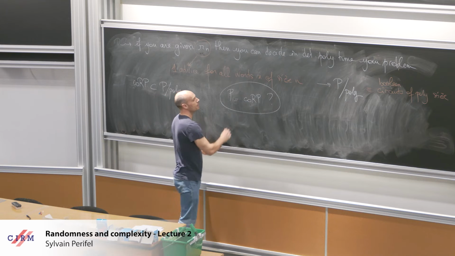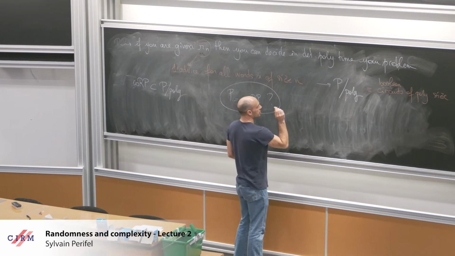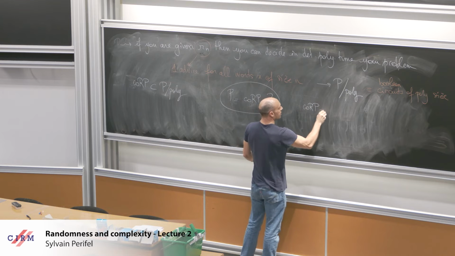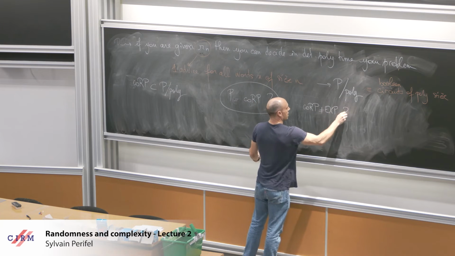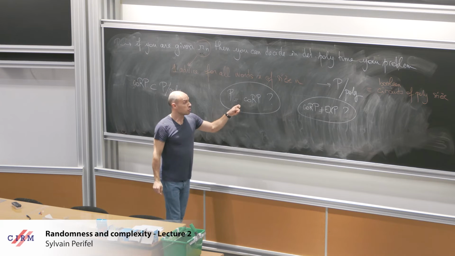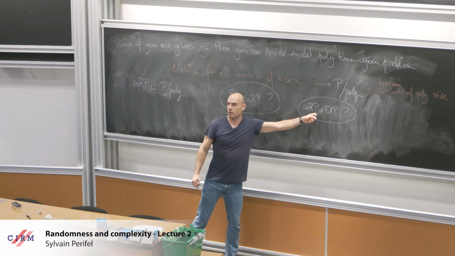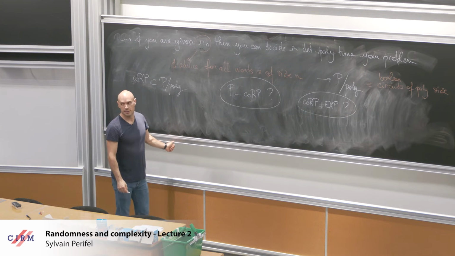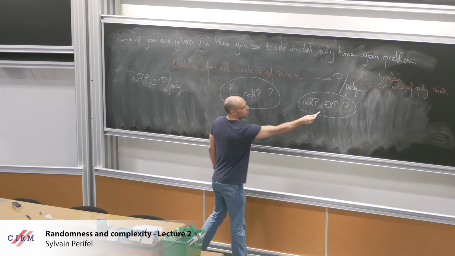Okay? So this is still open, and we don't know, for instance, how to separate coRP from EXP. So most people think that this is true. That would imply this, due to the time hierarchy theorem that we've seen one day. But we don't know how to separate these two classes. This is a huge class.